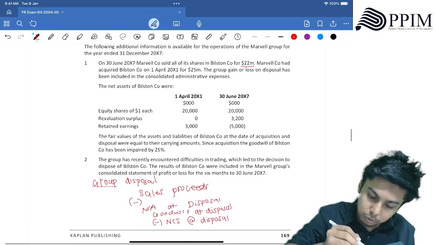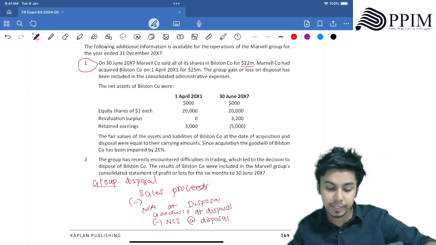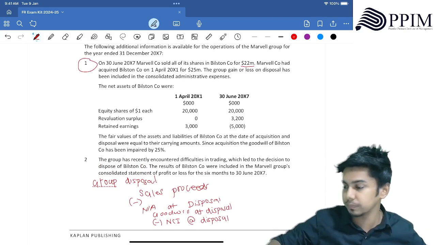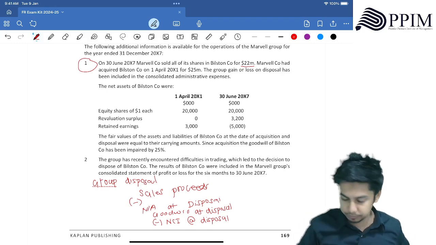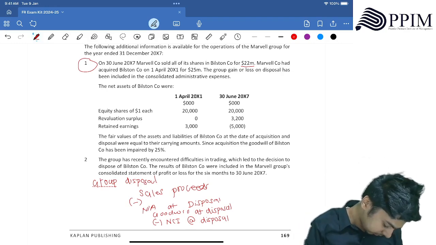Now can you look at this paragraph and get me the answer for group disposal faster? Please try to calculate the group disposal answer.